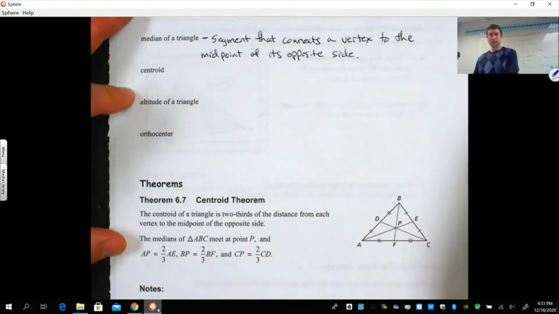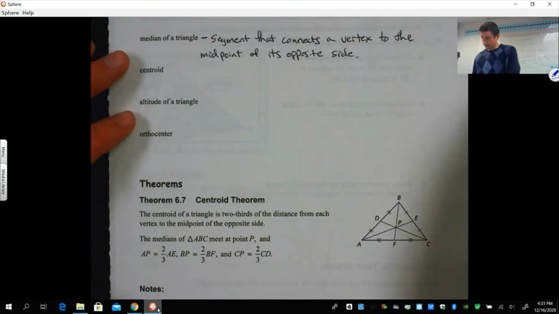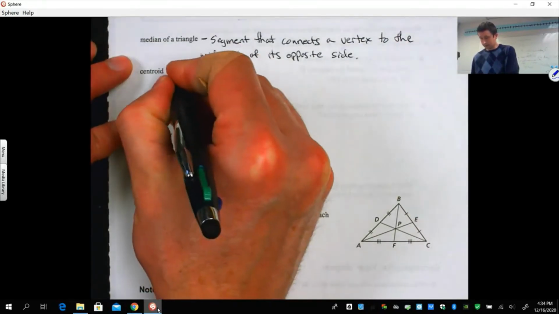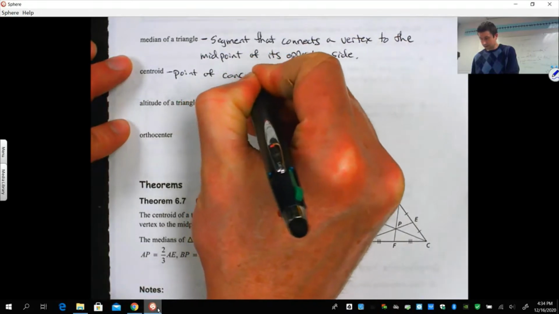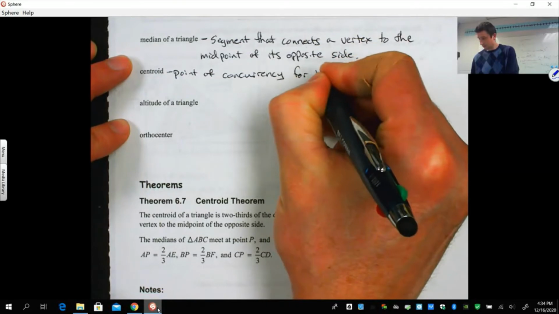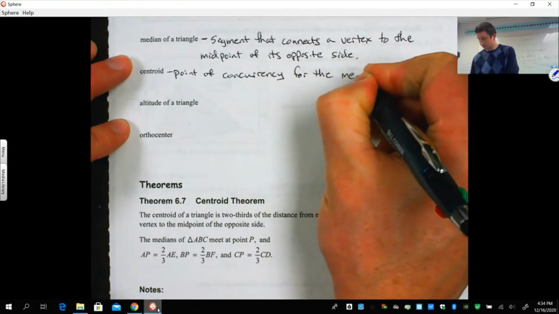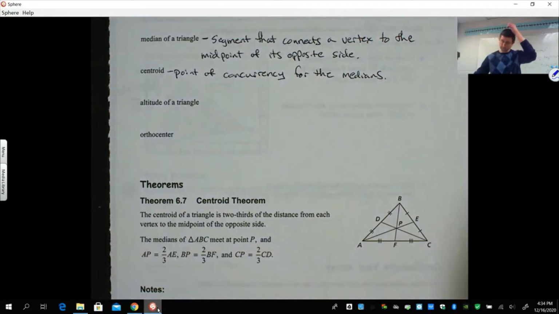A centroid is the point of concurrency for the medians.